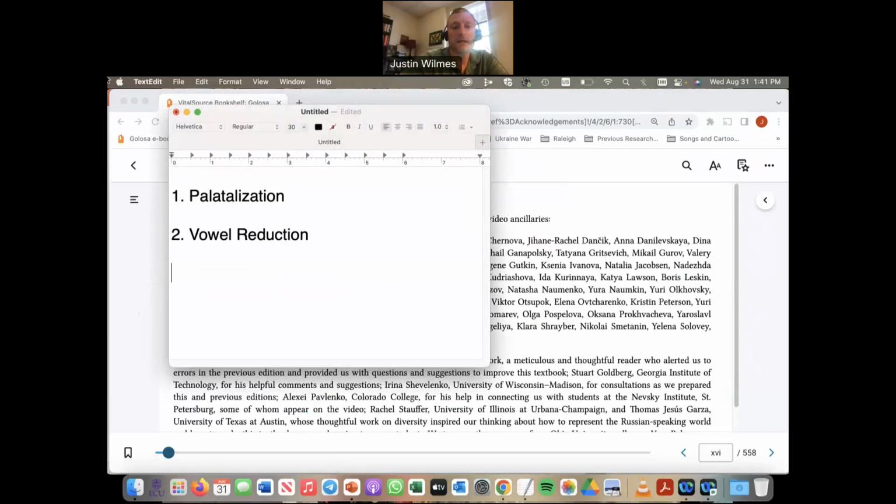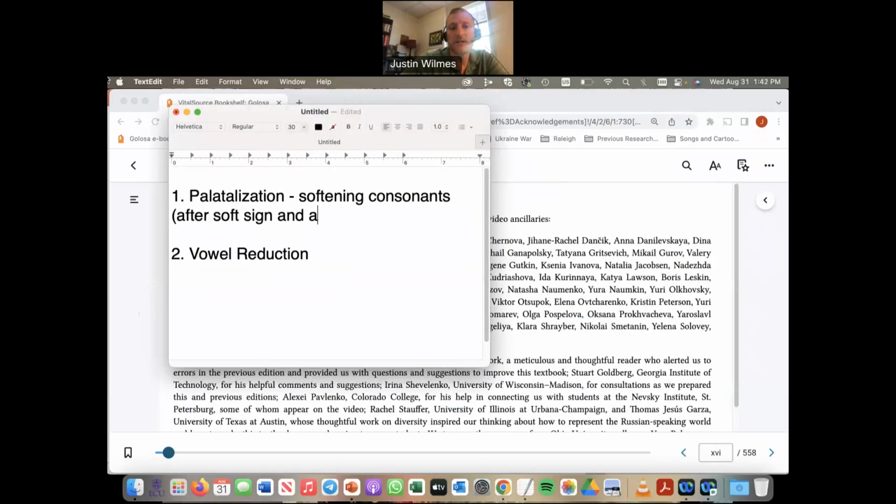Palatalization has to do with softening consonants after a soft sign and a few vowels. Especially at this stage of just beginning Russian, if you see a soft sign, you really want to try to make the preceding consonant a little bit palatalized, a little bit soft. Vowel reduction deals with unstressed a and o, which sound like "uh".